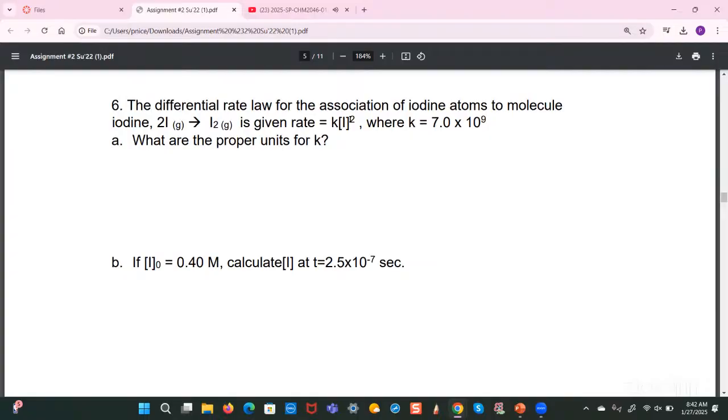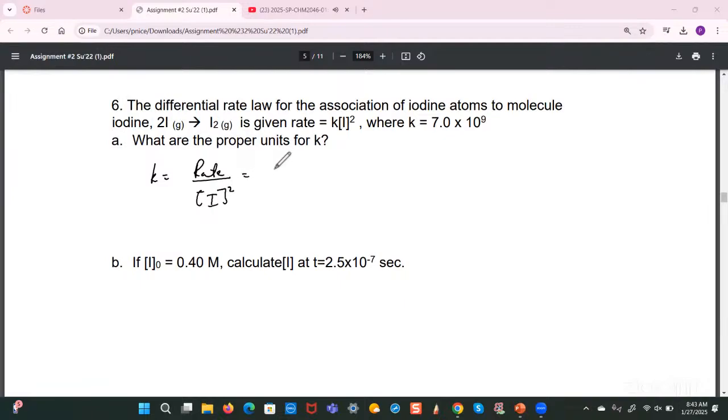We did that earlier, because if you look at this equation, k is equal to rate divided by the concentration of I squared.